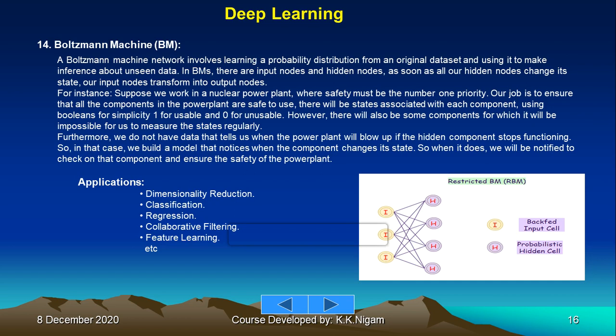Furthermore, we do not have data that tells us that the power plant will blow up if the hidden component stops functioning. So in that case, we build a model that notices when the component changes its state. When it does, we will be notified to check on the component and ensure the safety of the power plant. The applications are dimensionality reduction, classification, regression, collaborative filtering, feature learning, etc.